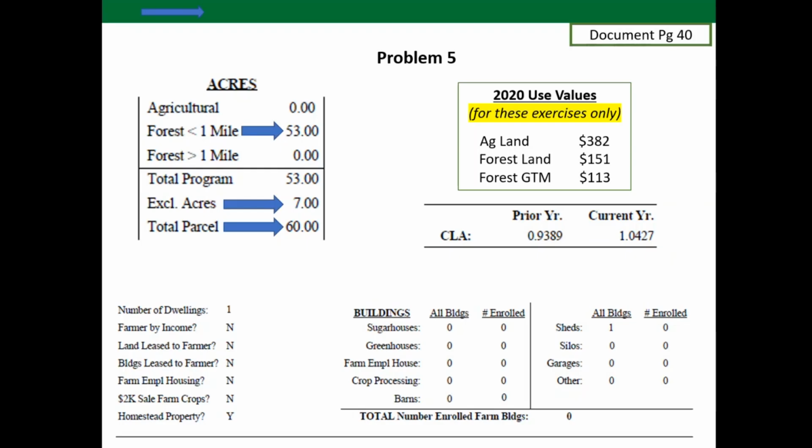And we have 53 enrolled forest less than a mile acres. We have a CLA of 1.0427. We do have a homestead declaration that's been received on this parcel. And we have no enrolled farm buildings. So maybe not any more difficult than the last one.